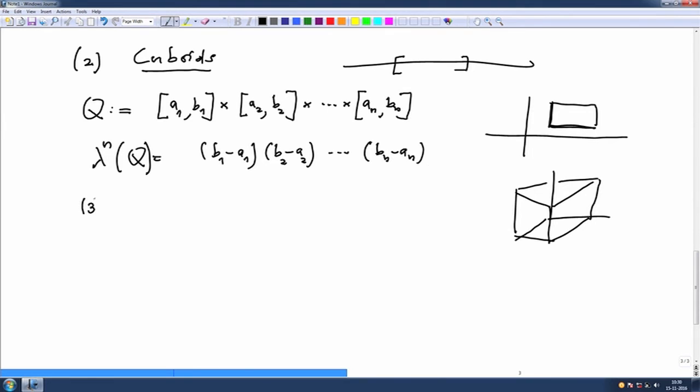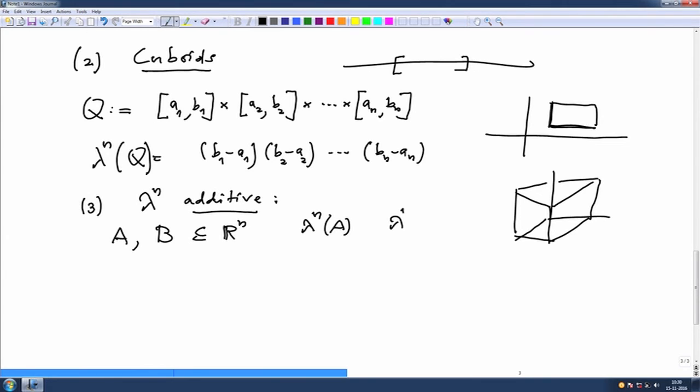Third one, lambda n is additive. What does that mean? That means if I have subsets A and B of Rn, both have volumes, so lambda n A and lambda n B exist, that is given to us. That means these sets are measurable.